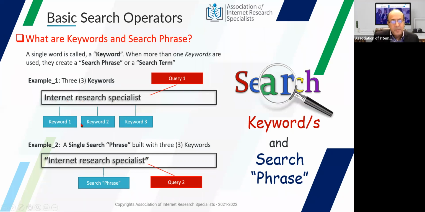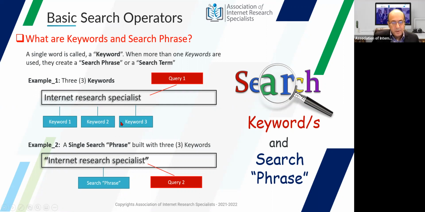Any of the words that are not put within the quotation marks are considered individually as single keywords, and not a search phrase. That's from the perspective of knowing that keywords can be played with by the search engine, because you're not defining or confining any combination of words; rather they're loose words.